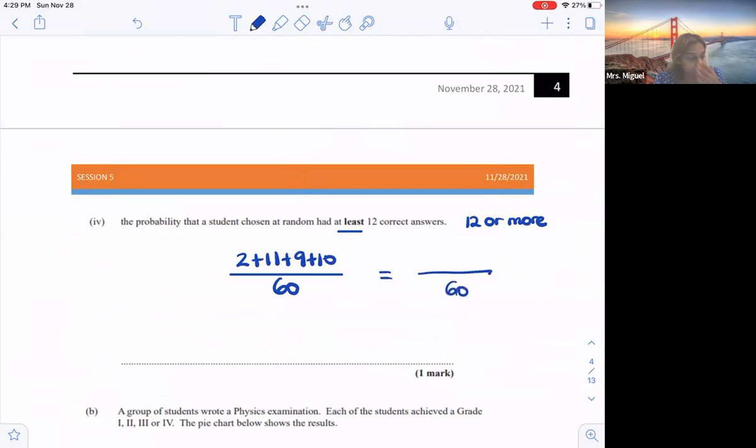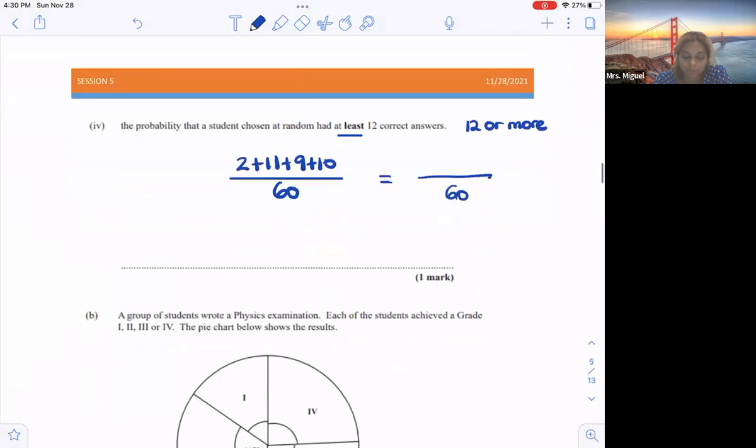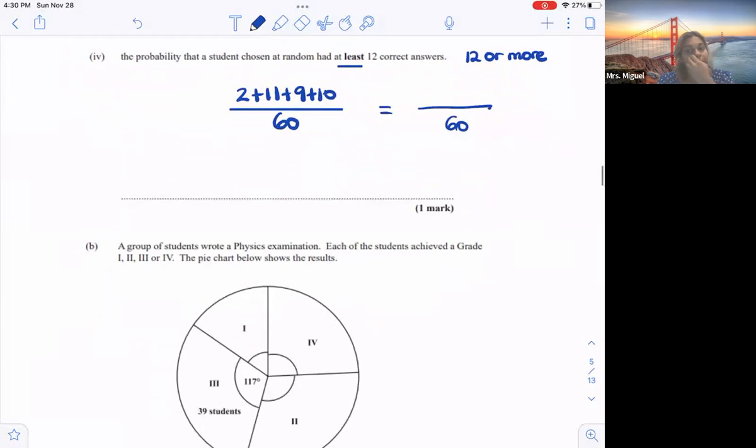Go ahead. What is the sum of 2, 11, 9, and 10?